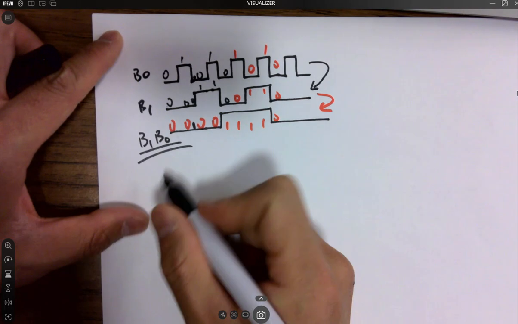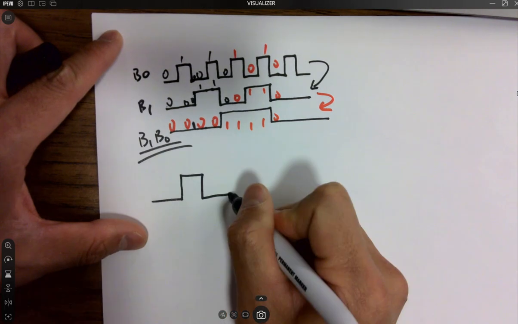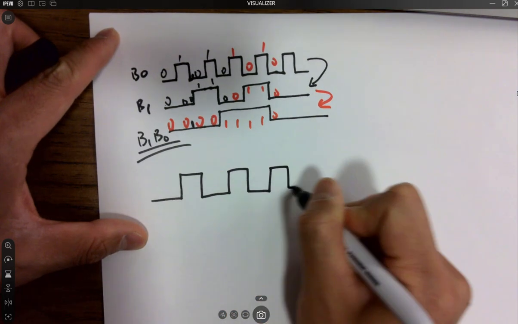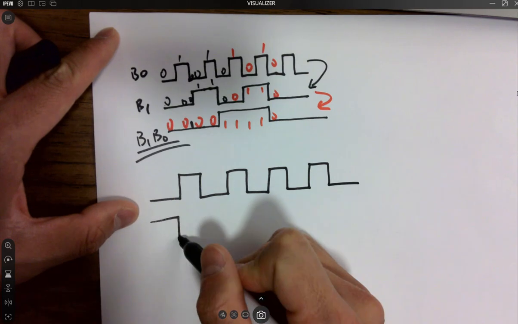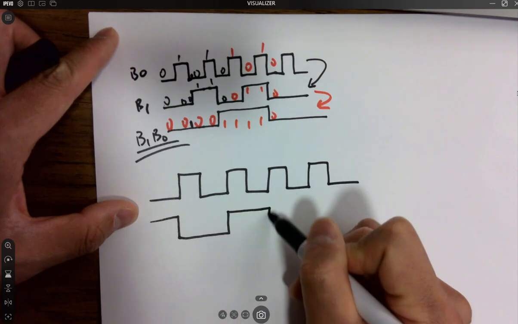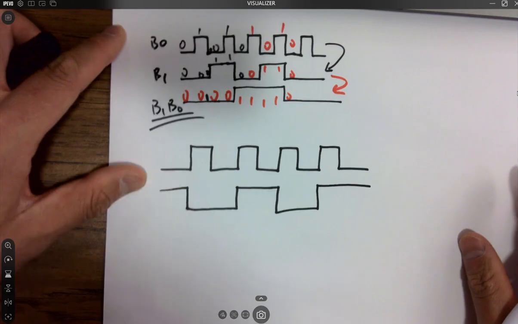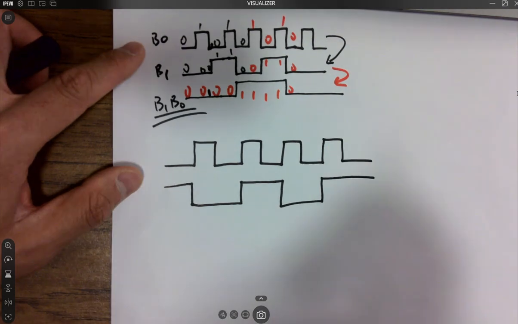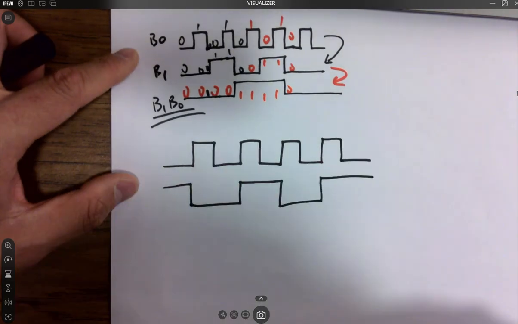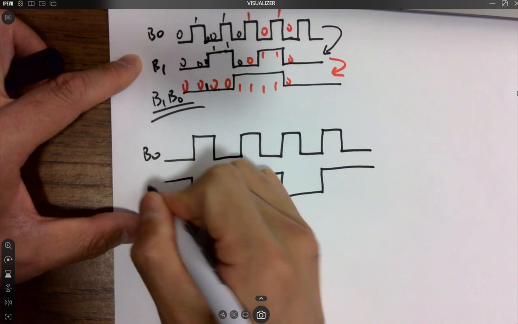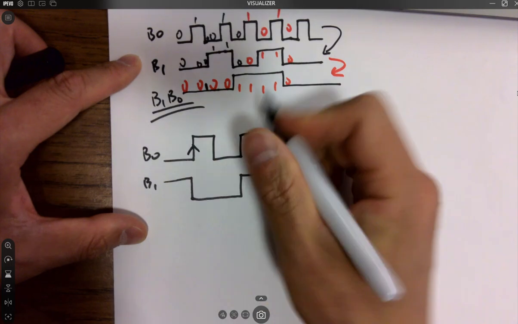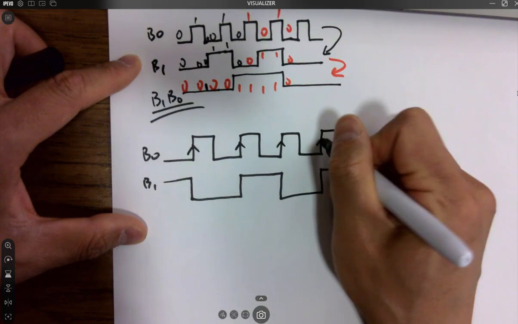You know what? I prefer rising edge triggered, so let's do this. Is there a major difference? It's probably starting from 0. B0, B1. So the rising edge toggles it, right? Rising edge just toggles it.